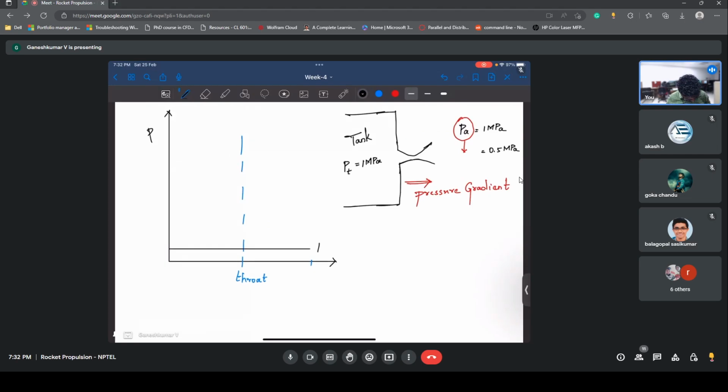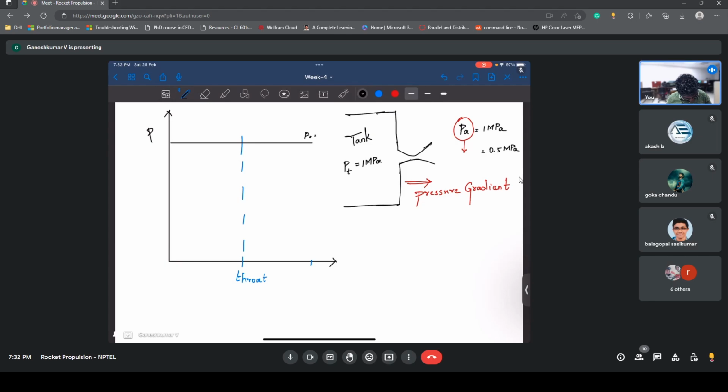Understand that this is at p equal to p naught, which is at 1 megapascal. Now I establish the pressure gradient. What happens? The pressure is going to rise like this. Let me draw the scale here.